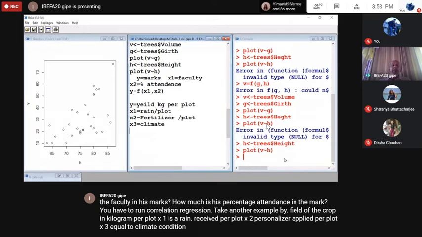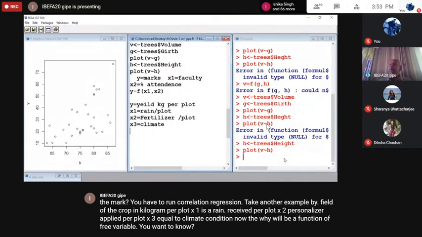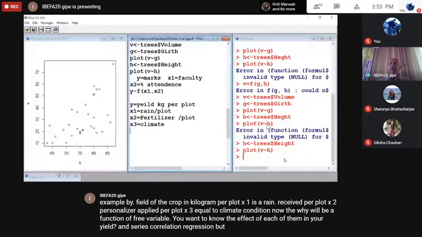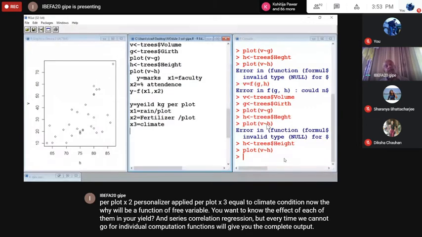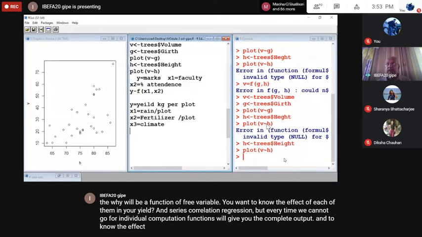So now y will be a function of 3 variables. You want to know the effect of each of them on your yield. The answer is correlation regression. But every time we cannot go for individual computation; functions will give you the complete output. To know the effect of each variable on your y, you have to do correlation regression properly.